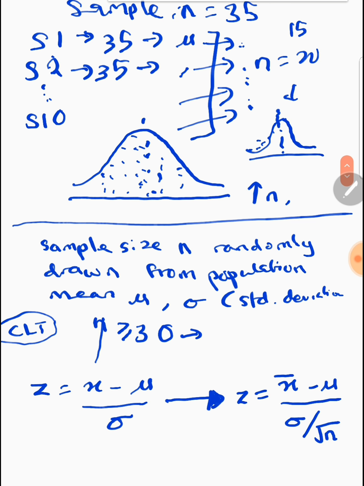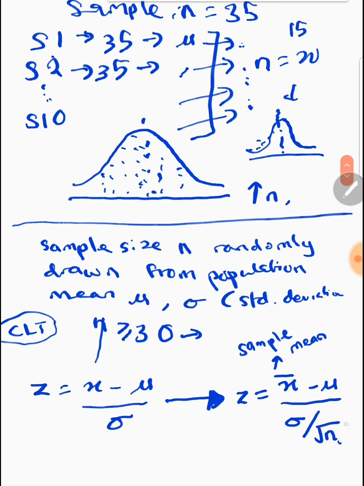So a new term for you that you see here is that this is the sample mean. And then this is mu. Mu is basically your population mean. This is your population standard deviation, and this is the sample size.